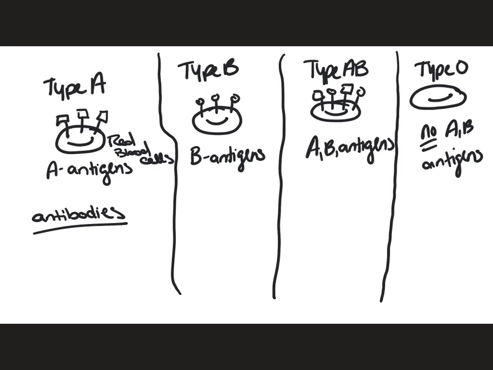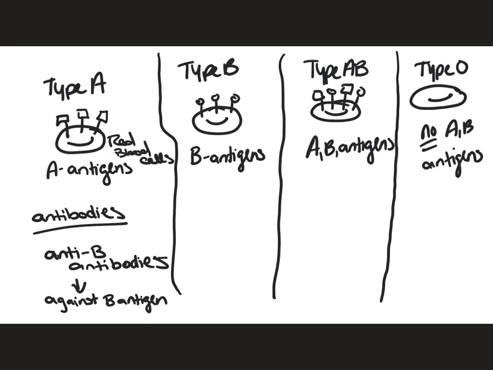So a person who has type A blood, who has those A antigens on their red blood cell, has anti-B antibodies. Okay, so the antibodies that are in their body are against the B antigen. That's what this means, okay? They are against B antigen.